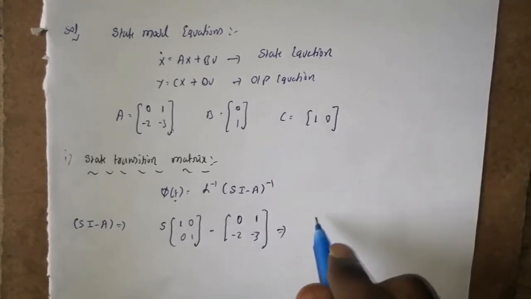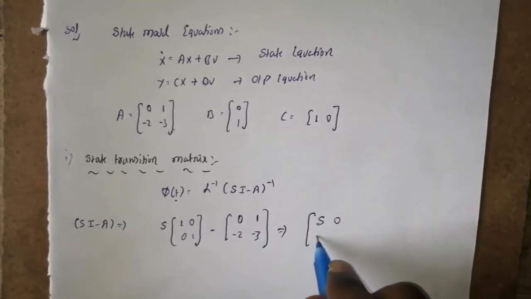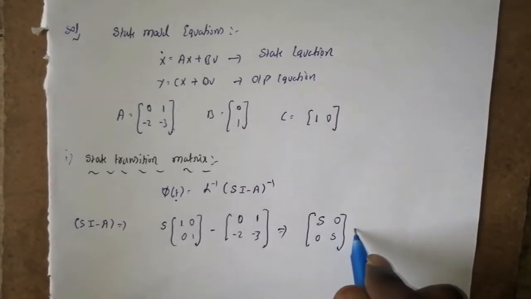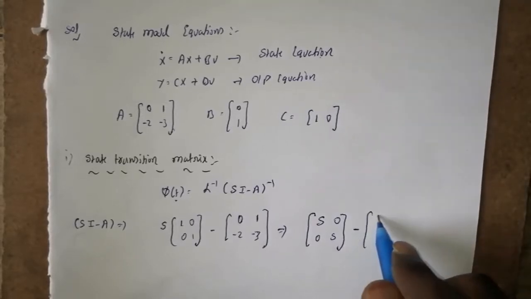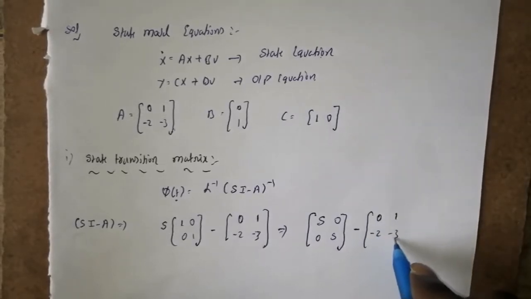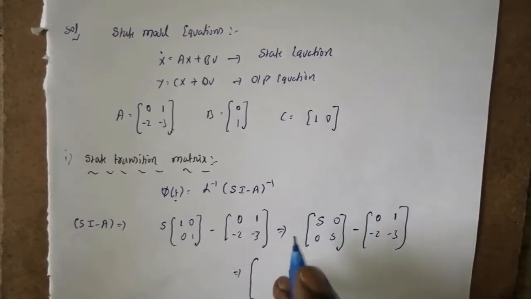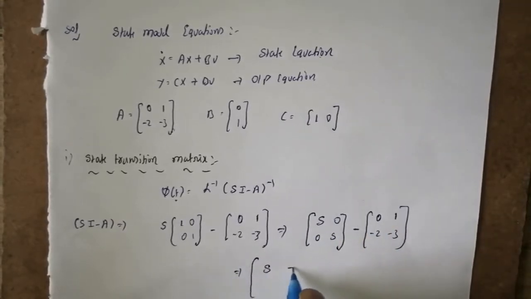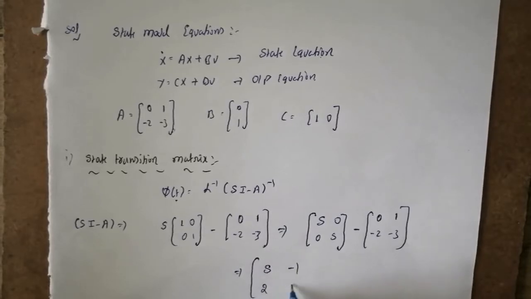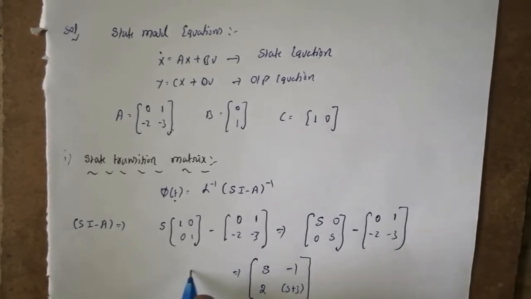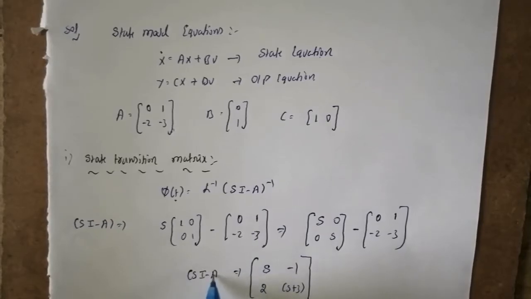If you simplify, we get [s, 0; 0, s] minus [0, 1; -2, -3], which gives [s, -1; 2, s+3]. This is the matrix we obtain while solving sI minus A.